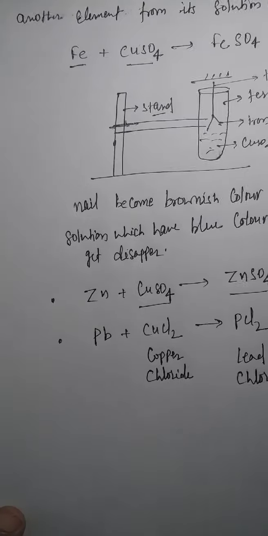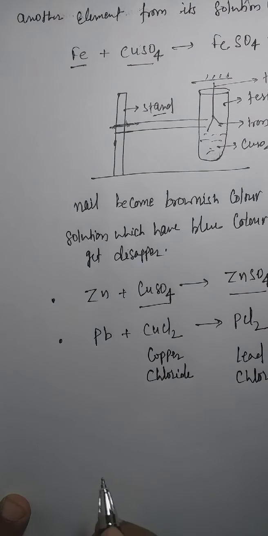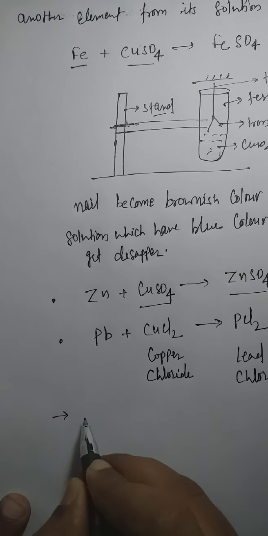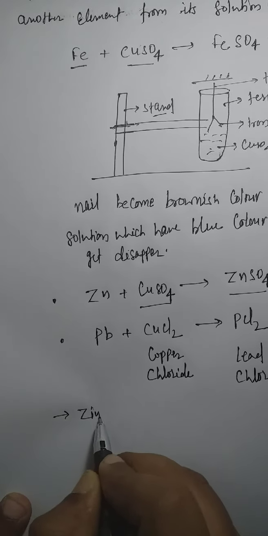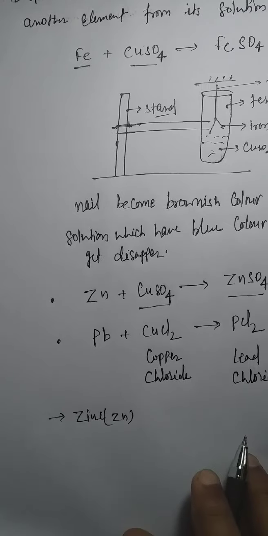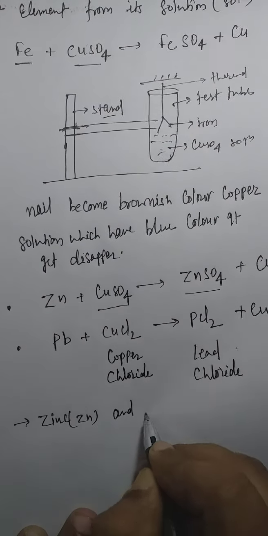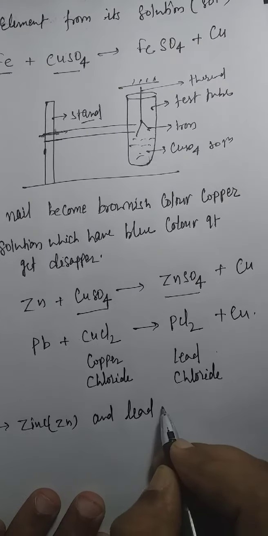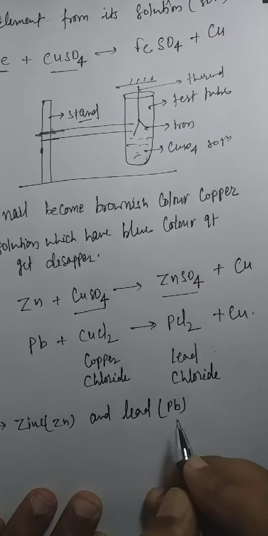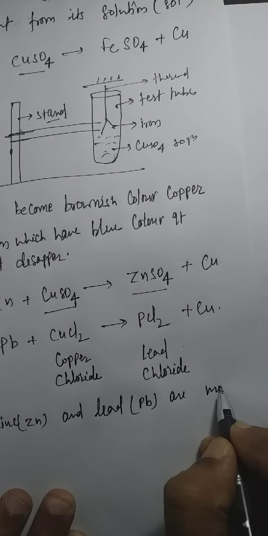So zinc and lead are more reactive, that's why they displace another element. So you may write in conclusion that zinc, with symbolic notation Zn, and lead, with symbolic notation Pb, are more reactive elements.